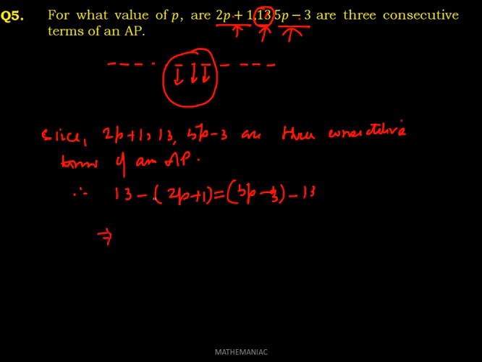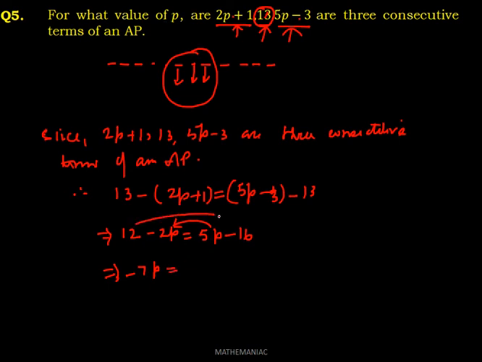Now you see, try to solve it. 13 and this will be minus 1, so ultimately 12, minus twice p. Then it is 5p, then minus 3 and minus 13 will make it minus 16. Collect p together, right? This you can bring to the left side, so it will be minus 7p, because minus 2p minus 5p.